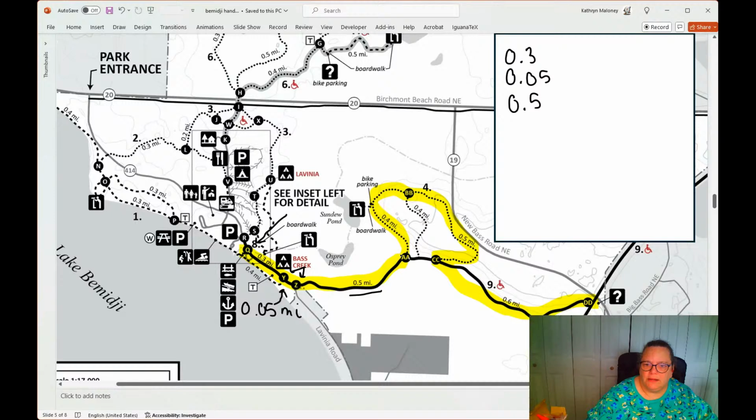Then we're going to walk 0.4 miles. Then we're going to walk 0.5 miles. And then we're going to do the last little bit to, looks like the information center, which is 0.6.